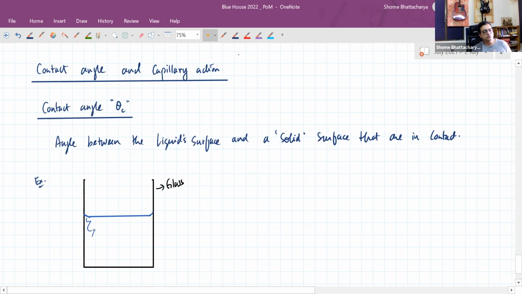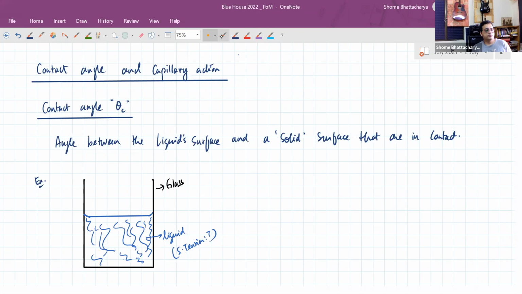That bending happens because of the relationship between the adhesive forces between the glass surface and the liquid molecules. Suppose it has a surface tension of T. So when we visualize this part a bit, we'll get a situation like this.